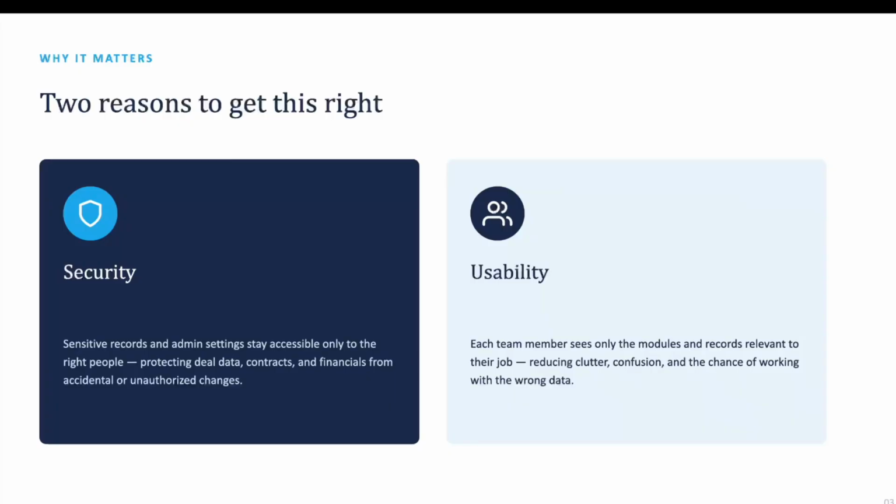All your deals are protected, all your contacts are protected, all the finance data is protected. The second is usability. Each team member sees only the modules and records relevant to their job, which reduces clutter, confusion, and the chance of working with wrong data. So these are the two reasons that you must use roles and permissions in your system.